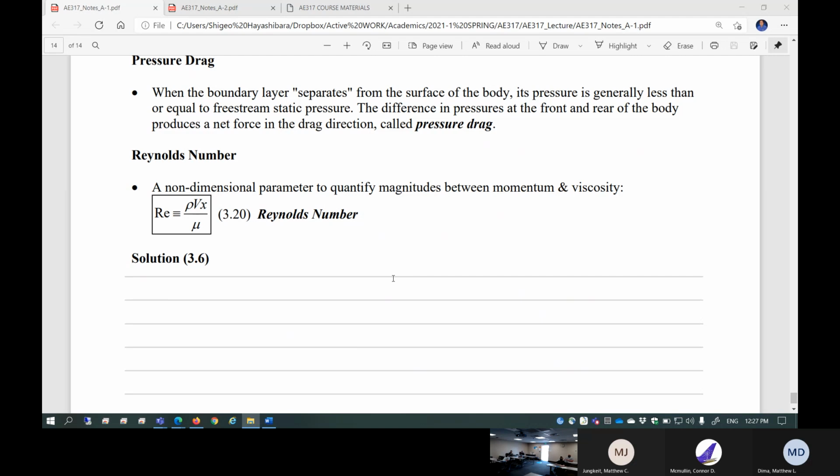Yes, you can control that. It's a critical value, usually 9 or something like that. You can change it, or you can put a tripwire here to force transition at this point, or avoid the transition at all. We're going to discover those things in XFLR5, I hope.